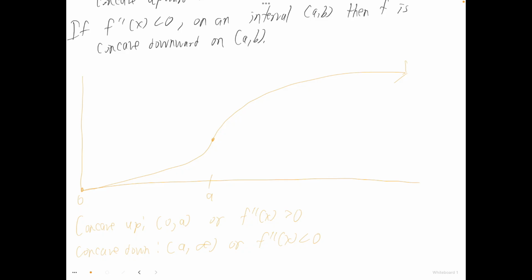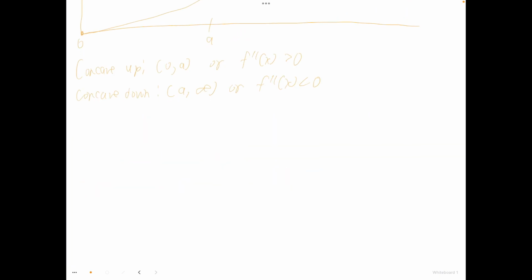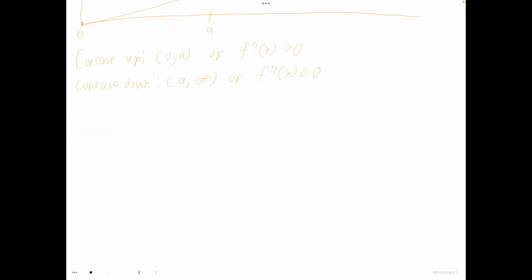And so that's the idea of what's happening graphically with concave up and concave down, and how it relates to the derivative. Now, similar to the idea we had with critical numbers, we also have this idea of where the concavity changes, and that has a name.